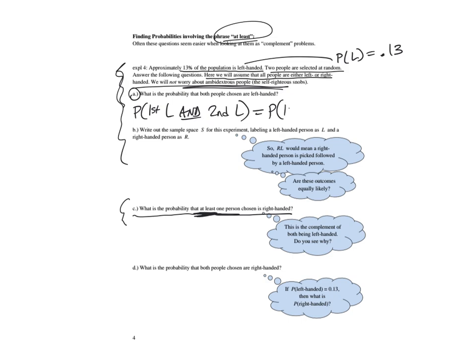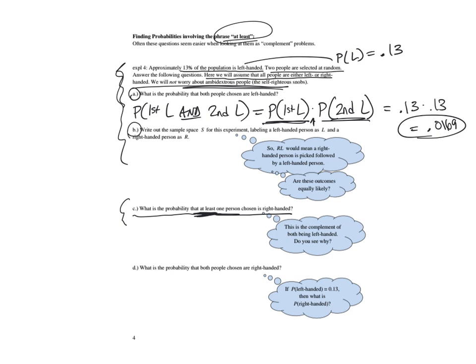Wouldn't the first person being left-handed not affect the probability that the second person is left-handed? In which case I get 0.13 for the probability that the first person is left-handed times 0.13 for the second person being left-handed. What is that? 0.0169, right?